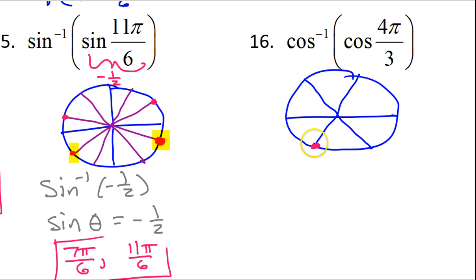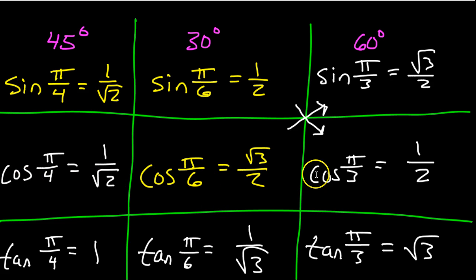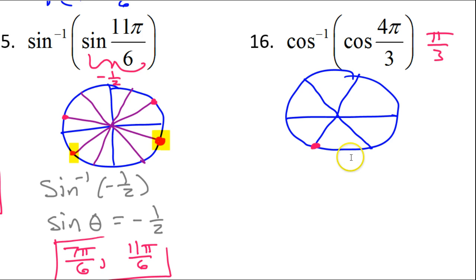Okay, cosine is negative in this quadrant. Now, dealing with a reference angle of pi over 3. Okay, let's look at our scratch paper and find out what the cosine of pi over 3 is, first of all. So let's see, cosine of pi over 3, remember, is 1/2. So we're thinking 1/2, except for, like I said, in the third quadrant here, cosine is negative, so therefore negative 1/2.